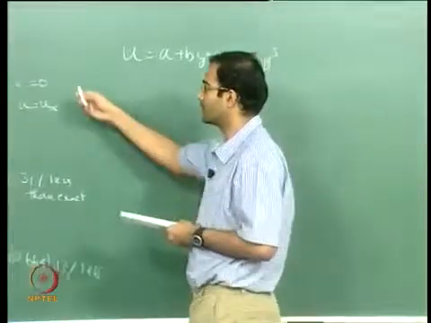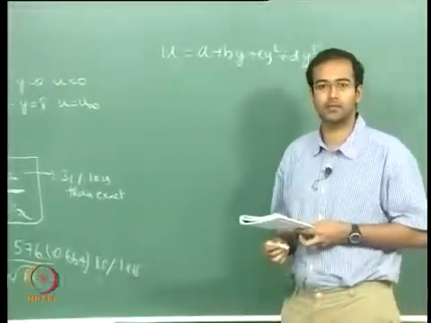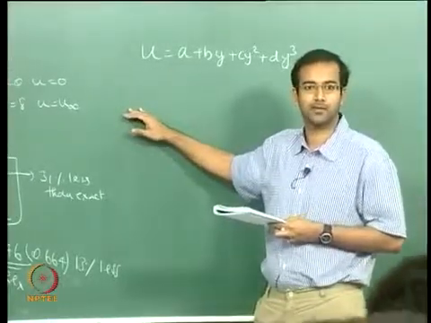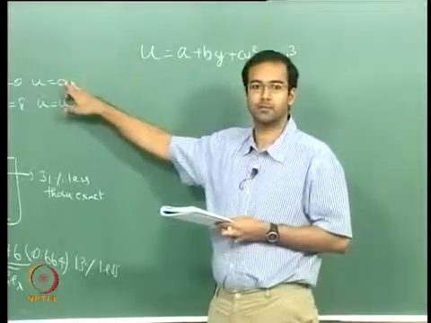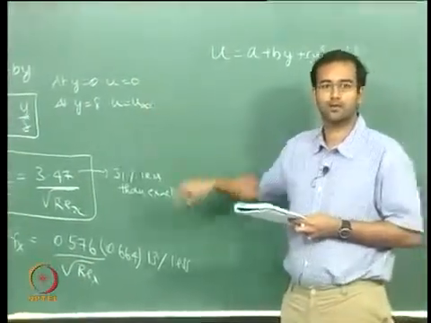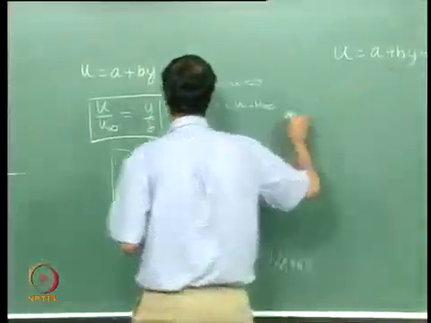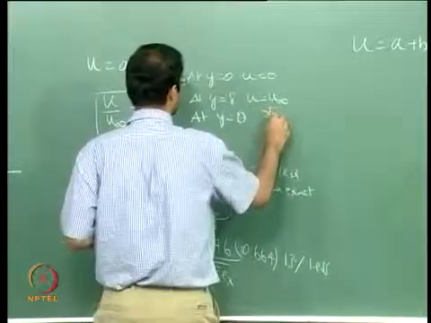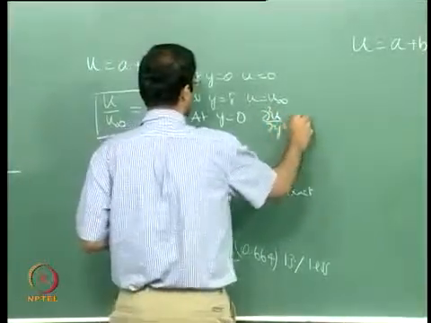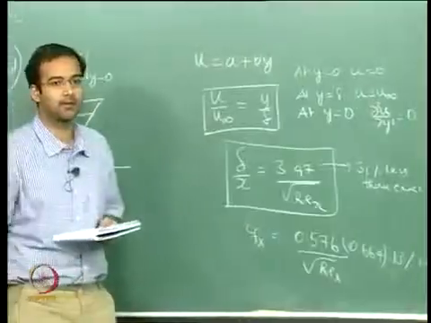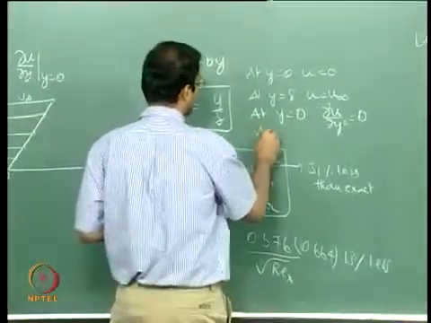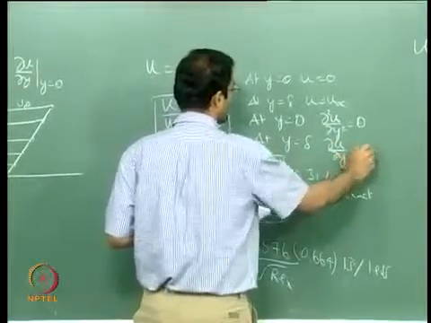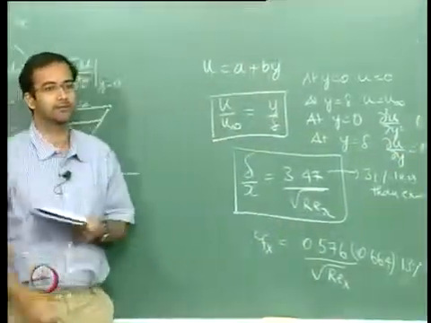Apart from the two boundary conditions, the most important ones, no slip at the wall and the condition at y equal to delta, we also use that at y equal to 0, d square u by dy square equal to 0, which comes from the momentum equation at the wall. Also at y equal to delta, the condition du by dy equal to 0 has to be satisfied.